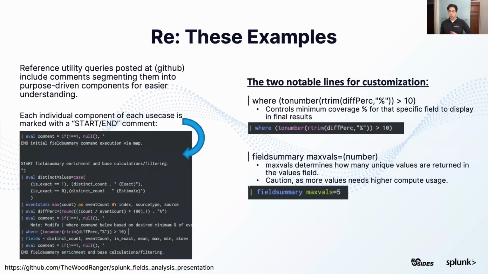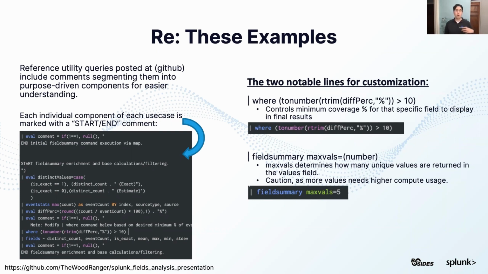Now, that last screenshot and the following slides will not include the full comment blocks embedded in the references as they exist on GitHub. But each of these fieldsummary utilities is segmented into individual purpose-driven components that are marked with a start and an end comment to help clarify what each part of the query is doing.